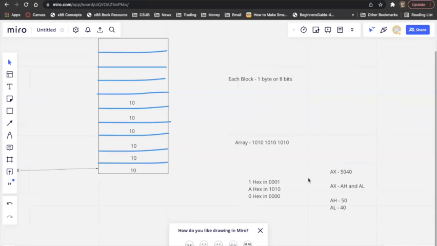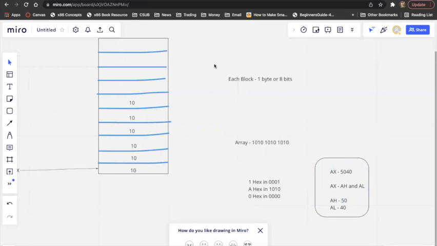This is important because each memory location is 1 byte while AX is a 2-byte register. We have to remember that before solving this problem, because we're going to try to do some things to an 8-bit memory location with a 16-bit register. That can be complicated, so let's keep this in mind.